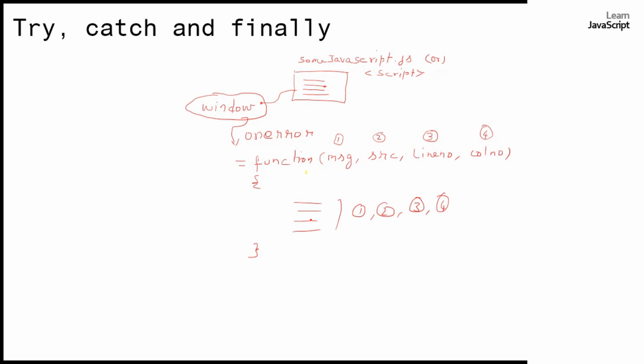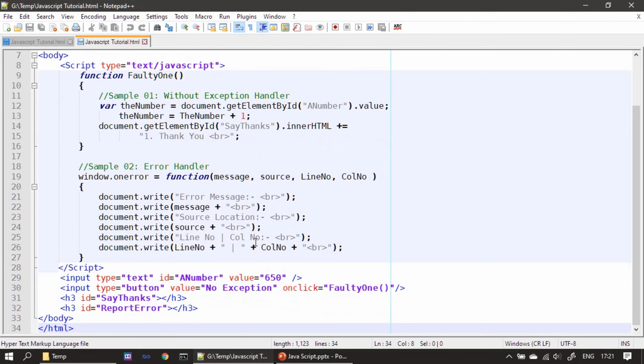Alright, now let us look at an example and then we will run that in IE. So here is the example, and here we have the number. Then we have a button with the value no exception.